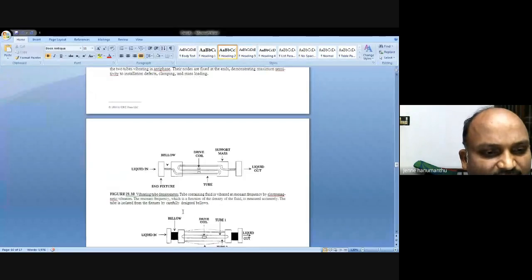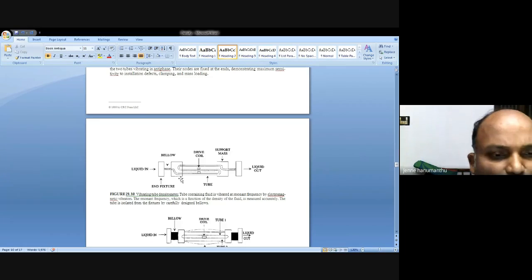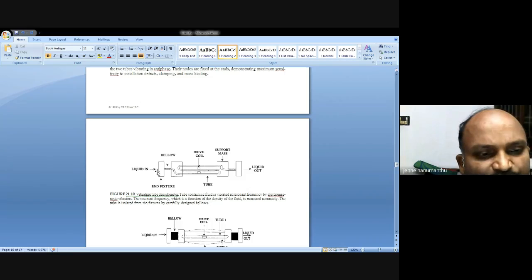See, the same vibrating tube is measured here. The liquid is inside, and they are called bellows. When the liquid is inside, the bellows have some dynamic range. They are going to move. The fluid is passing through this pipe, the coil will drive, and the liquid is the outlet. Because of this bellows movement, we have some voltage in the coil.